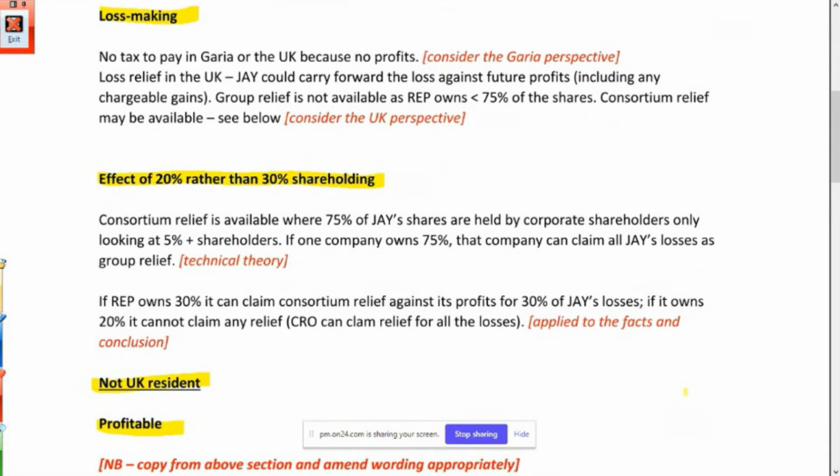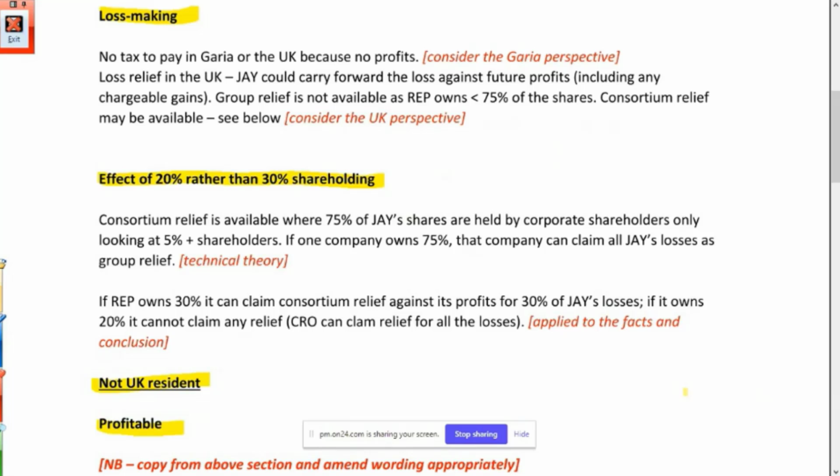Okay, now, if you can, it's good to get a brief technical theory explanation down. So here I've given an example of this. Consortium relief is available where 75% of J's shares are held by corporate shareholders, only looking at 5% plus shareholders. If one company owns 75%, then that company can claim all J's losses as group relief.